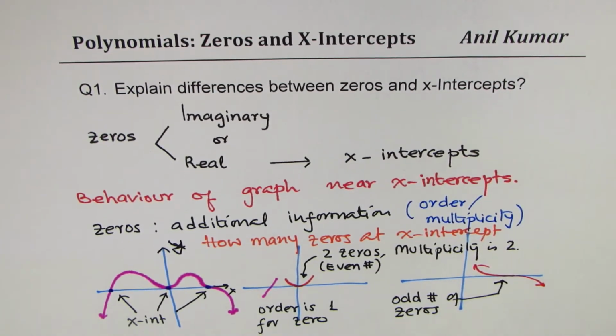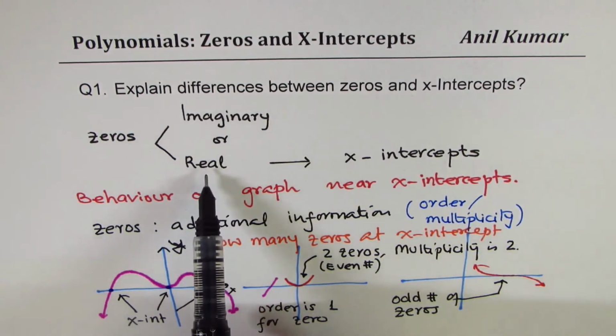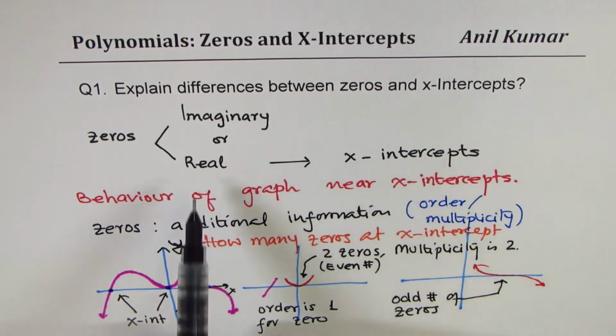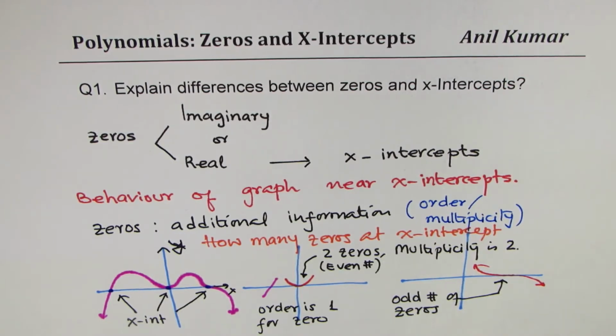Perfect. So I hope you get the concept. Clearly, zeros could be imaginary or real. Real zeros also represent x-intercepts, but they have additional information: depending on the order or multiplicity of the zero, you know the behavior of the function near the x-intercept.